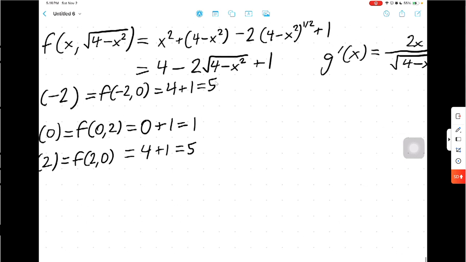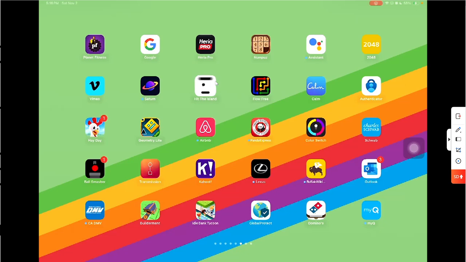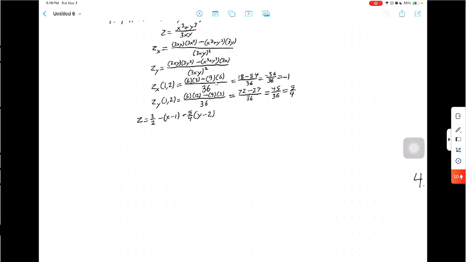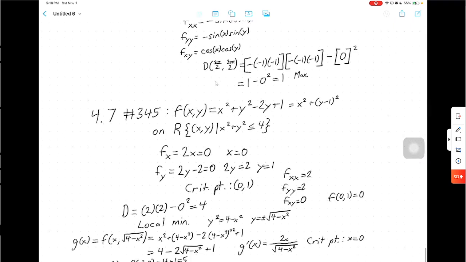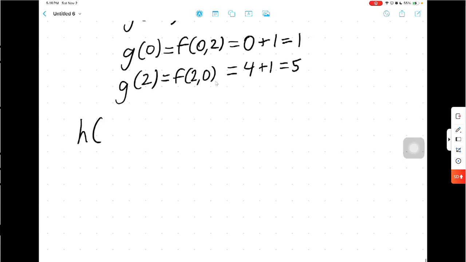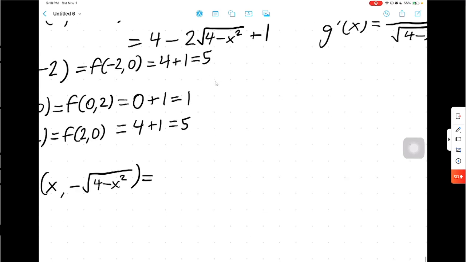Next, we're going to take the h of x, which is the other one. h of x is equal to f of x, negative square root of 4 minus x squared, also from negative 2 to 2.